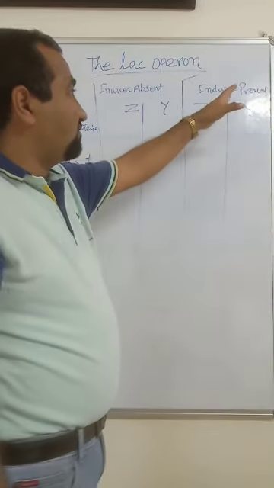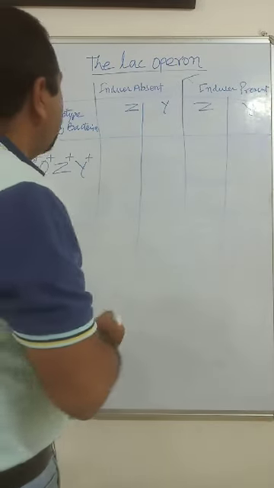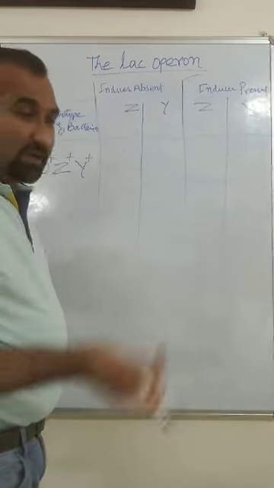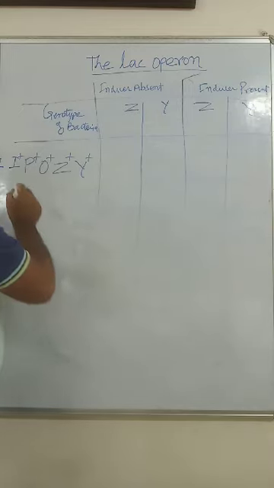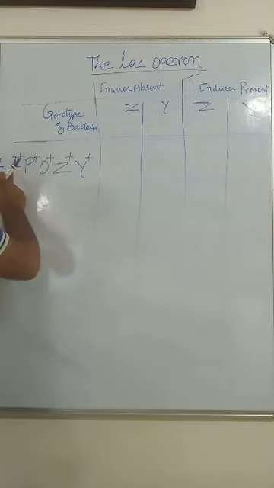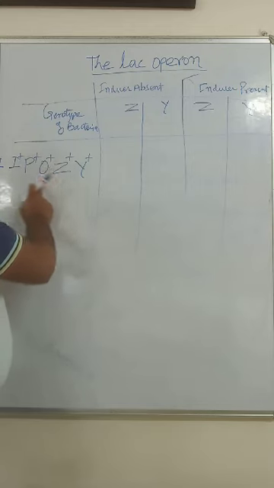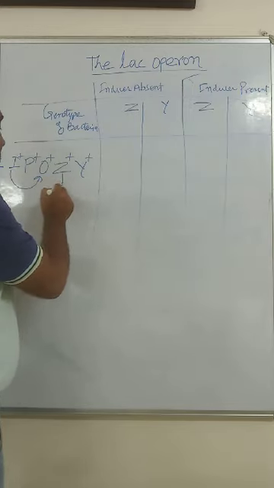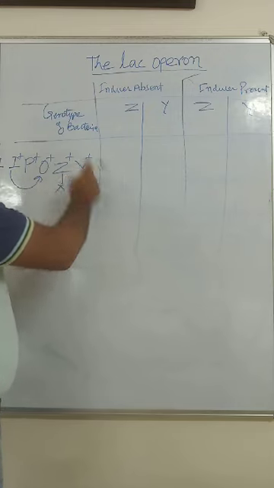Similarly here, when inducer is present. As you know, if the inducer is absent, such as if lactose is absent, allolactose is absent, in that case a normally functioning regulator gene will produce repressor molecule, and this repressor molecule will bind on operator, and then there will be no production of Z and Y gene.